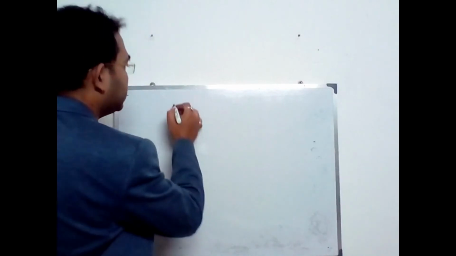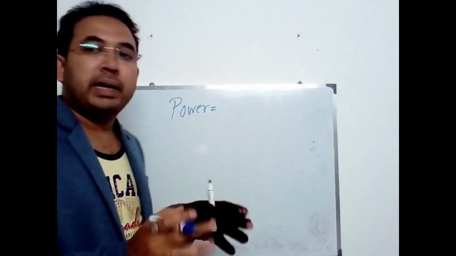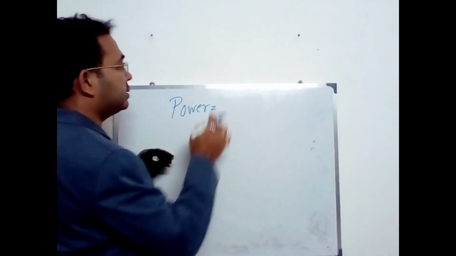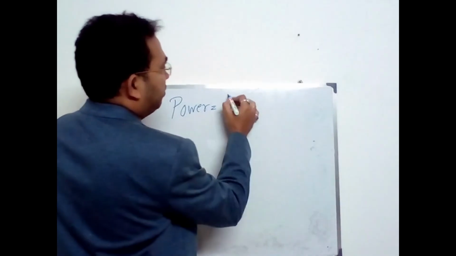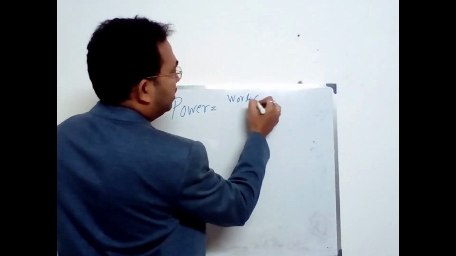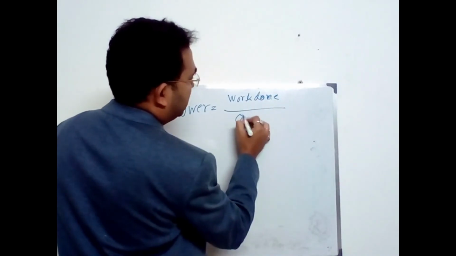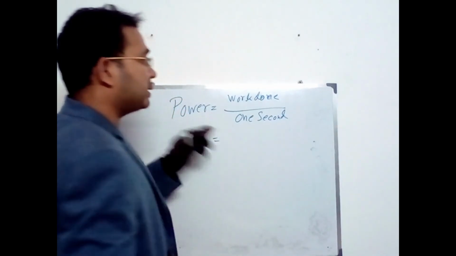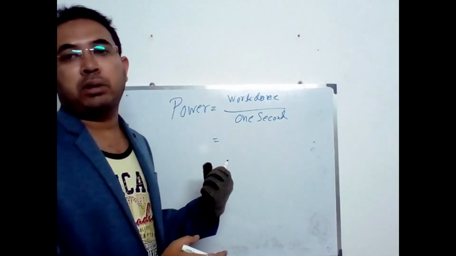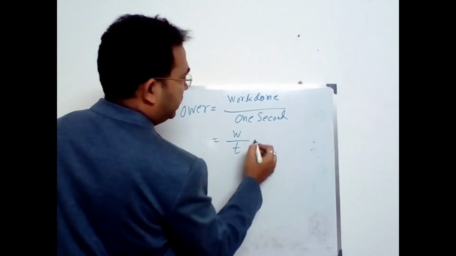Now power, what is power? The rate of doing work, that means the amount of power can be calculated by the amount of work done by the body in 1 second. এক সেকেন্ডে বডি কতটা কাজ করে সেটাকেই বলা হয় তার পাওয়ার। So power is work done W by time.